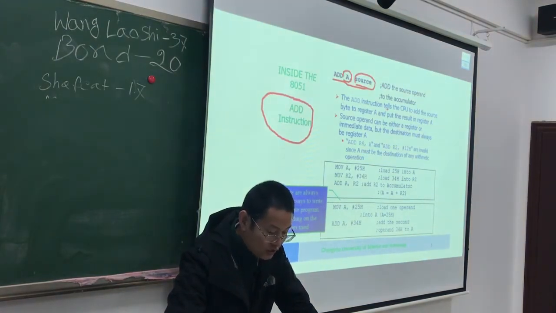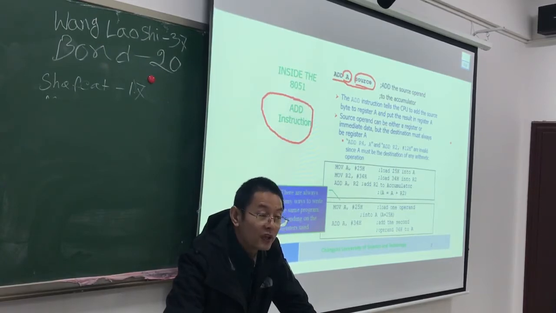The add instruction tells the CPU to add the source byte to register A and put the result in register A. The source operand can be either a register or immediate data, but the destination must always be register A. Add R4, A and add R2, pound 12H are invalid.